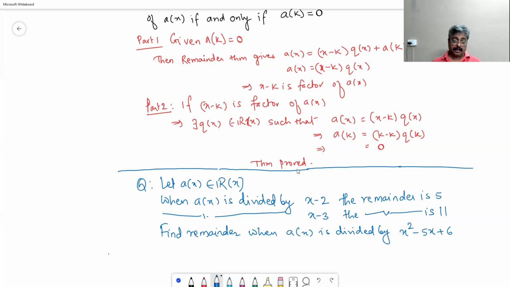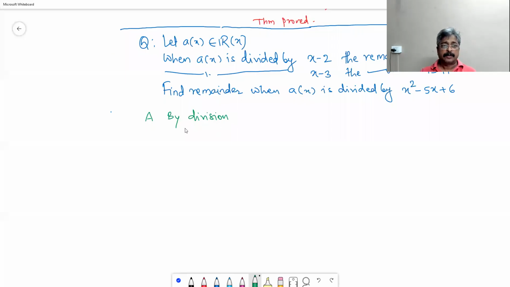When a of x is divided by x square minus 5x plus 6. By division algorithm, a of x is equal to x square minus 5x plus 6, that is our b of x, into q of x plus r of x.